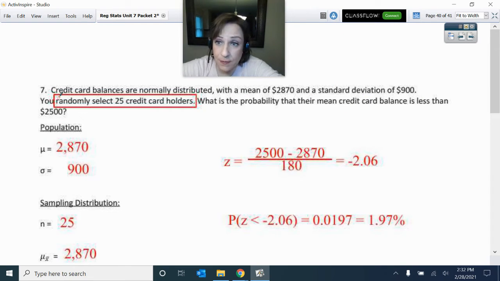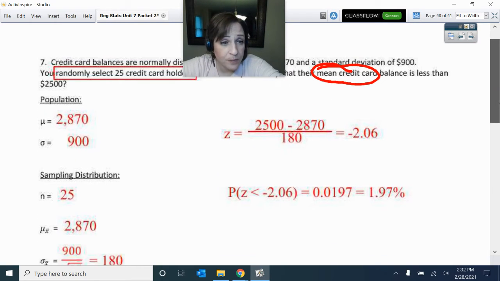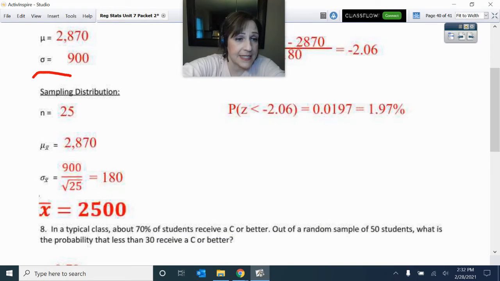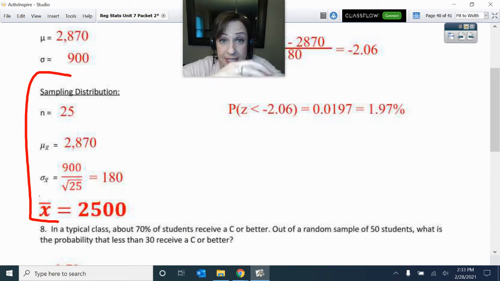This one is a similar problem, but it's asking about a random selection of 25 credit card holders and the probability of their average. The difference is that we are now talking about the sampling distribution, the samples, not the population of individuals.